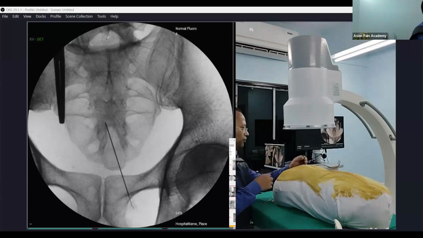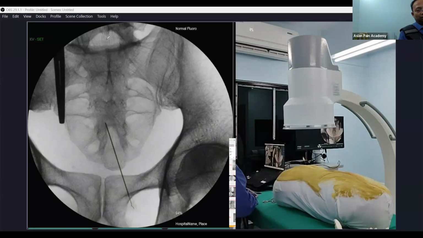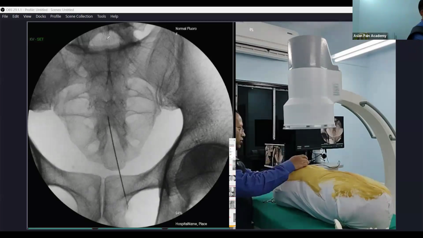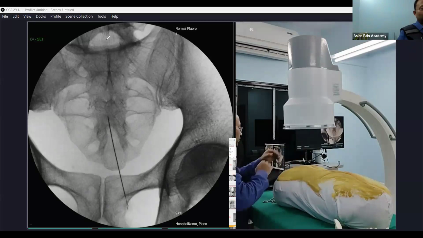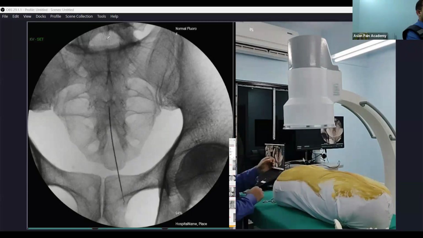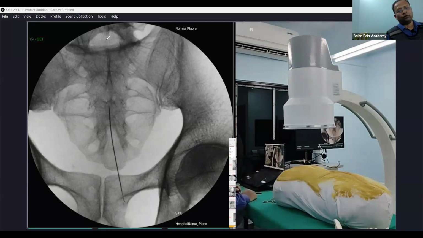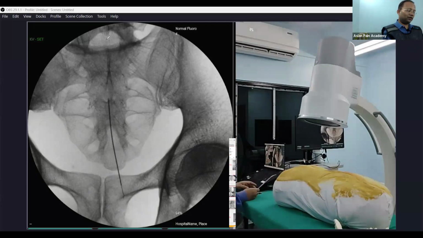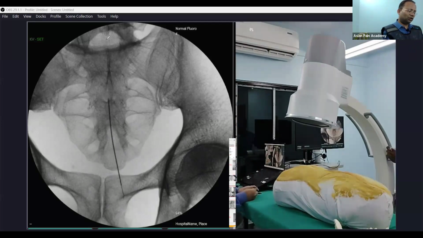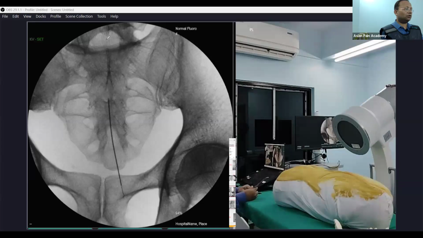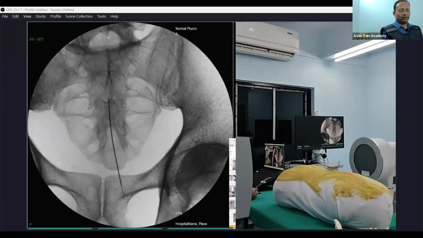Now I will remove the needle and give another direction. So it is gradually going in the midline. Now it is going in the midline, so I can go a bit more. Now I will check in lateral again whether I have reached the lower level of S2, but that is not needed every time, because that is the highest limit.